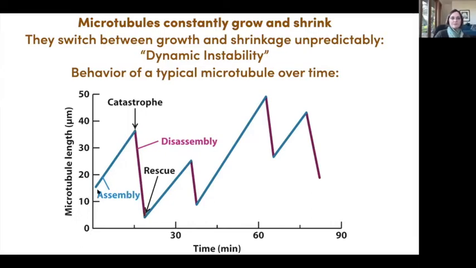What researchers realized is that they could characterize the growth rate of microtubules and the disassembly rate, and also the frequency with which an individual microtubule switches from growing to shrinking, which is called catastrophe, and the frequency with which it changes from shrinking to growing, which is called rescue. And it turns out that there are different factors within the cell that control these different parameters, how fast they grow, how frequently they switch from growing to shrinking, and so forth.